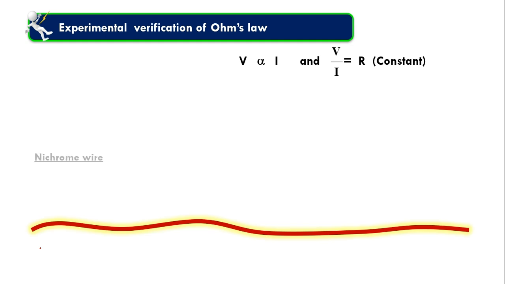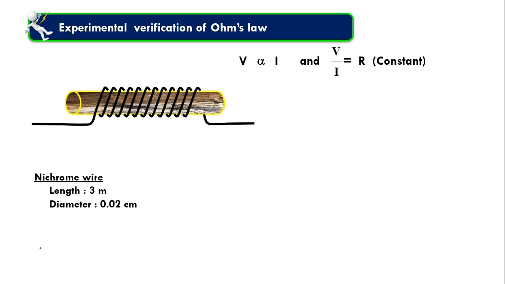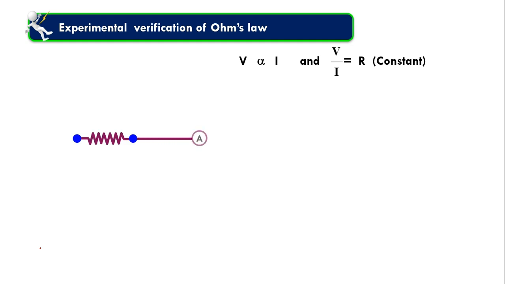So this is the conductor, okay, a nichrome wire of length 3 meters and diameter 0.02 centimeters. Okay, and this is wound over the circumference of this rod. Now it looks like a resistor.